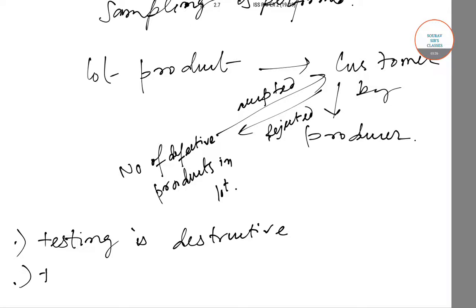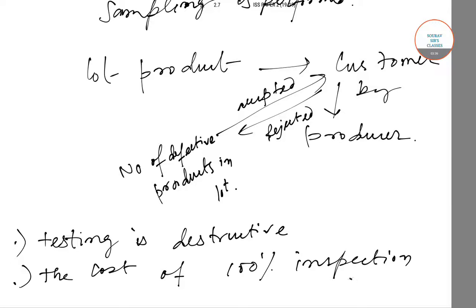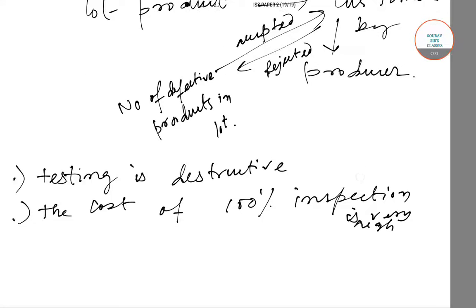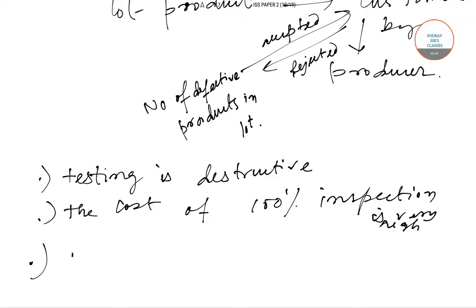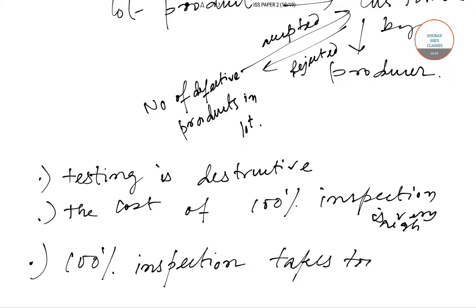Number two, the cost of 100% inspection is very high. Point three, 100% inspection takes too long.